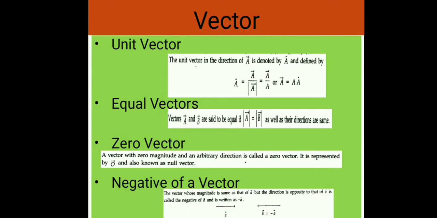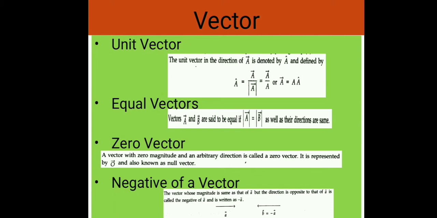A unit vector is represented by putting a cap over the quantity. The unit vector in the direction of vector a is denoted by a cap and defined by a cap equals vector a upon mod of a. That is, vector a equals mod a into a cap.